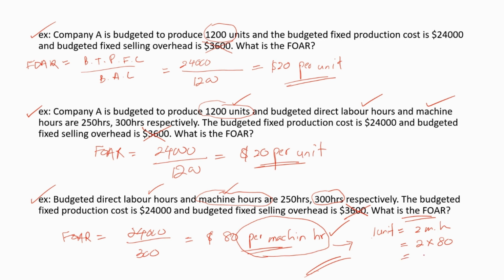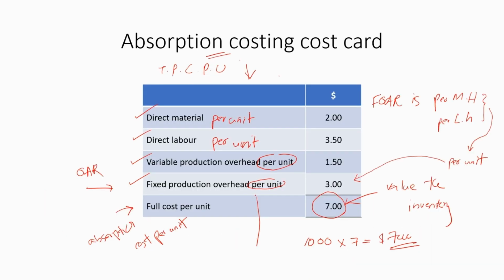So this is equal to 160 per unit. This is the value it will take to produce 1 unit. So this 160 per unit value can be used to calculate the absorption costing per unit value here. So the fixed production overhead cost per unit is equal to 160 for the example we just did.